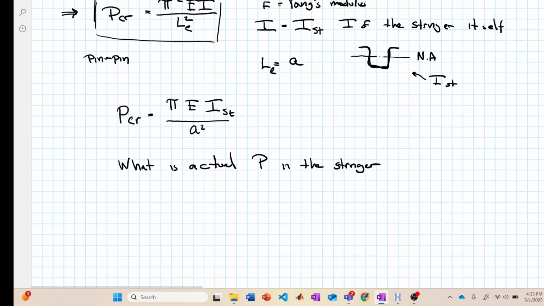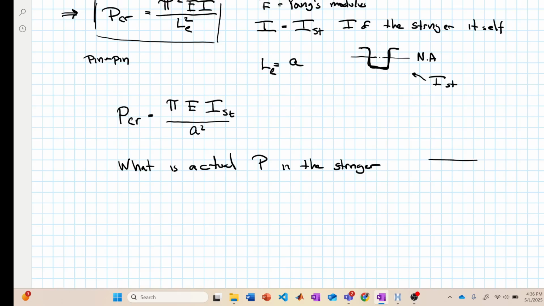If you remember, to do this we go back to conventional beam theory. If this is the stringer, we are going to integrate the stress over that area, where the stress is going to be bending moment times y over I.